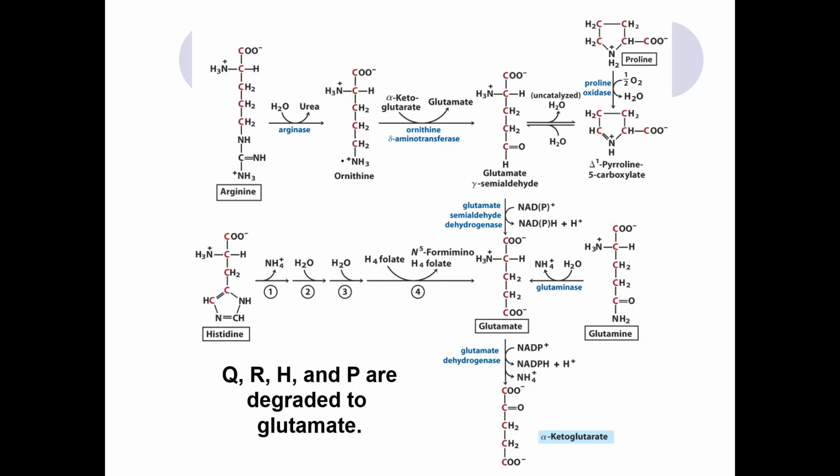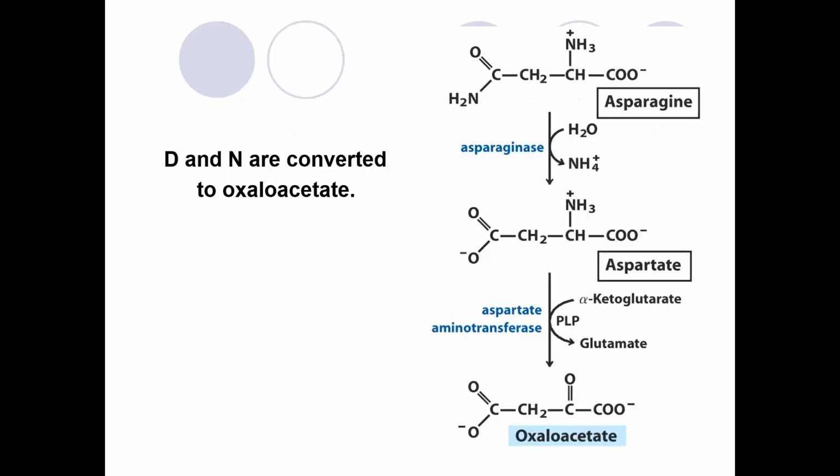Histidine, arginine, proline, glutamine, all are converted to glutamate, and then asparagine and aspartate are all converted to oxaloacetate. This is just very few steps. No issue there. Aspartate is deaminated by aspartate aminotransferase to alpha ketoglutarate. The amino group gets transferred to some other alpha keto acid.